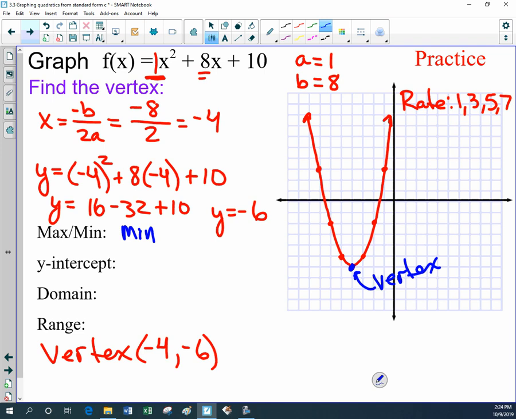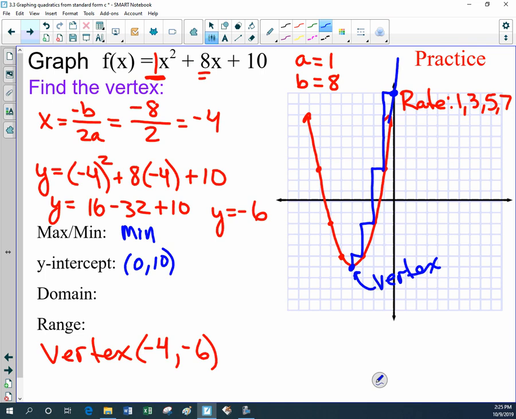So we went up 1 over 1, up 3 over 1, up 5 over 1. So to see where it crosses the y-axis, I need to go up 1, 2, 3, 4, 5, 6, 7 over 1. So it would actually cross right here, which is the point 0, 10.